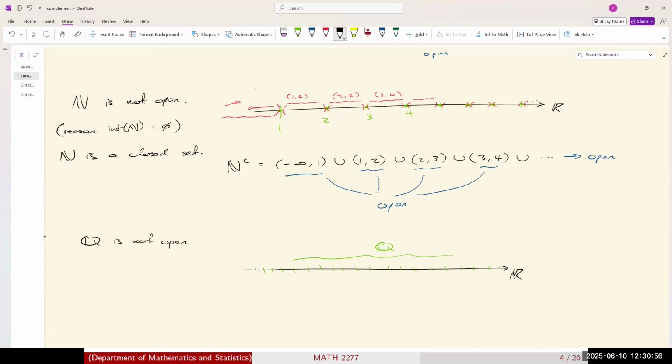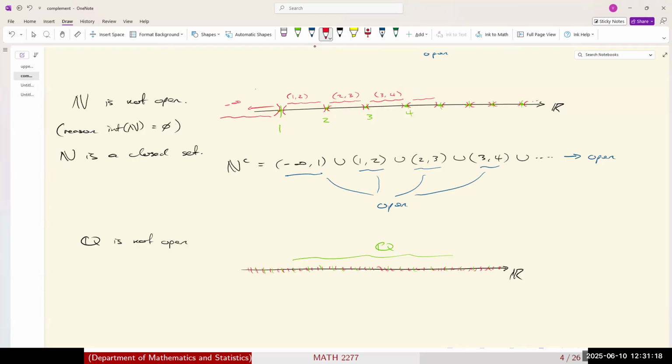So if I want to ask myself, is the rational numbers closed? What do you have to do? You need to look at the complement. So what is the complement of Q? The complement of Q is the irrational numbers. Q complement is the irrational numbers, right?